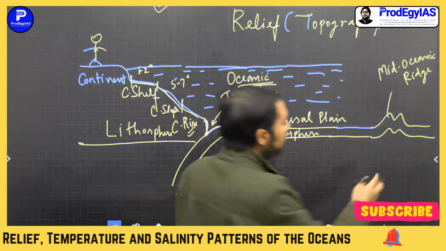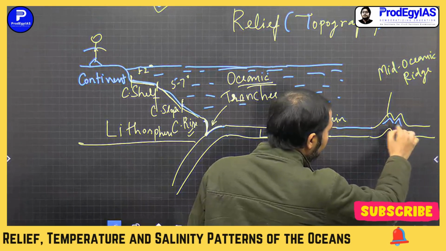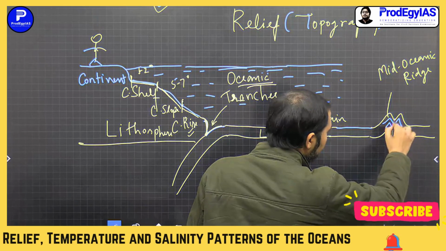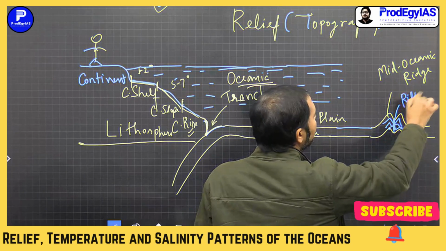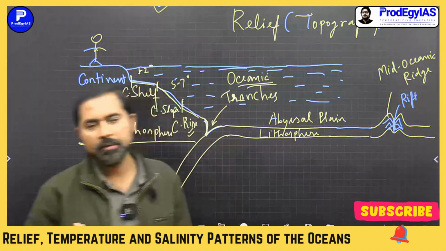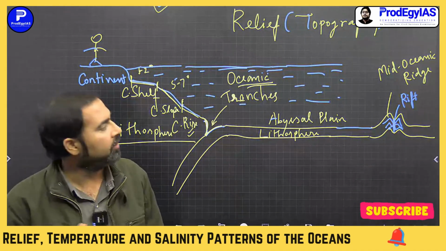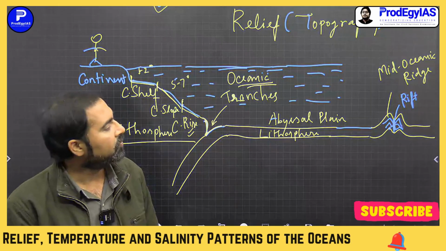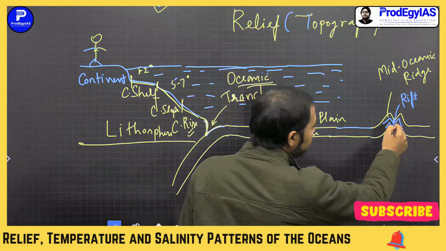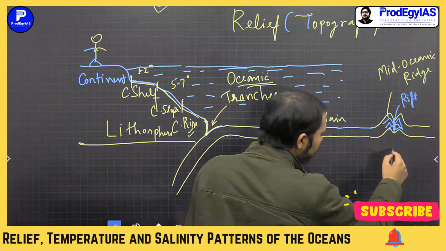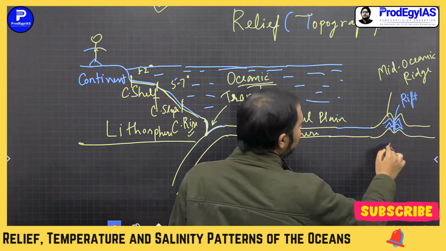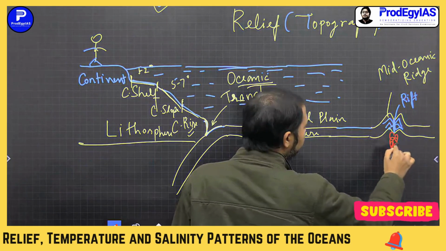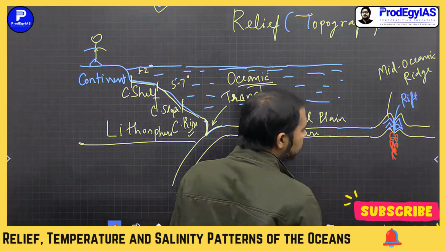In this central part there is a rift, and it is known as the rift. Sometimes it is called the rift valley of the mid-oceanic ridge system, because there is a crack, a fissure through which different types of magma arise.